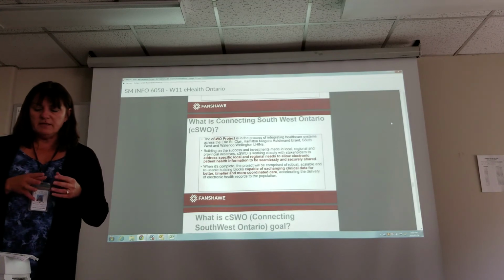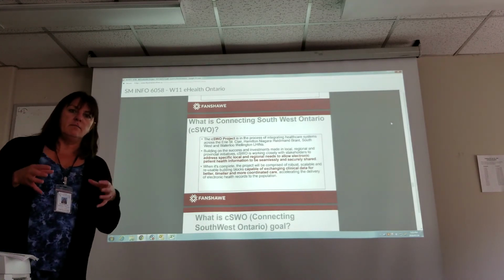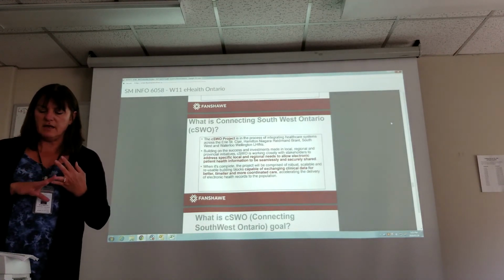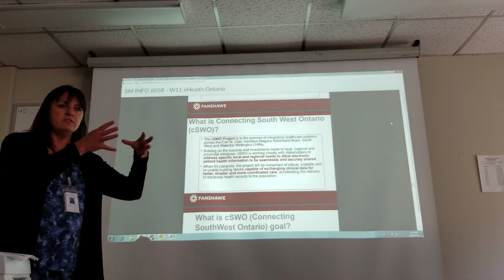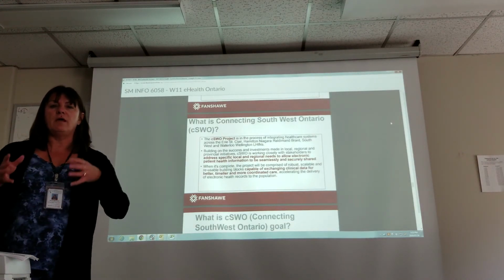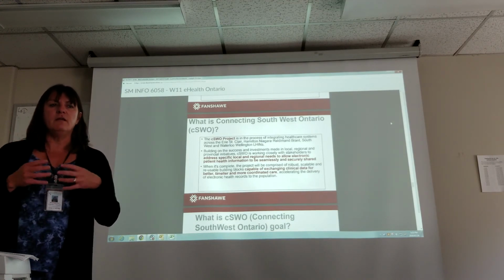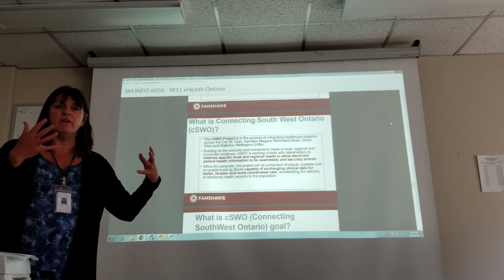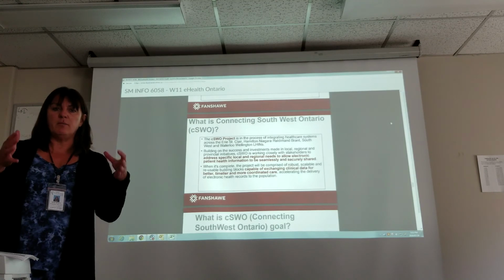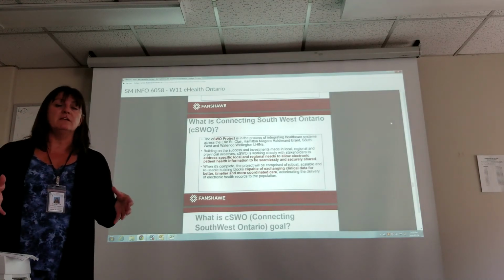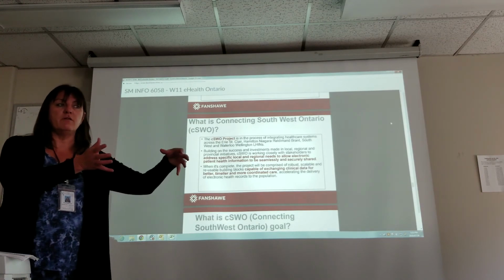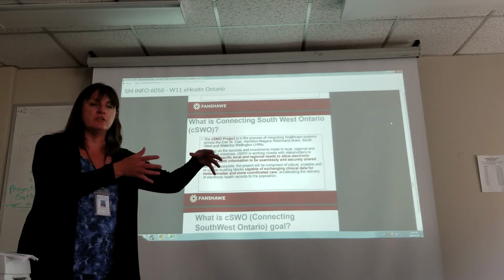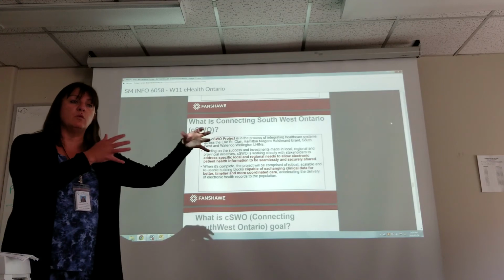When it's complete, the project is meant to have robust, scalable, reusable building blocks which can be used in other jurisdictions. So again, we can share information and also not reinvent the wheel. If this is how we implemented this project and it worked in terms of implementing a health record system, why wouldn't another healthcare provider or jurisdiction look at that and say, would this work here?